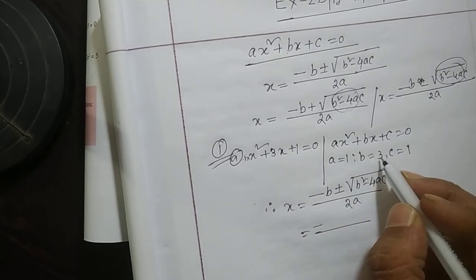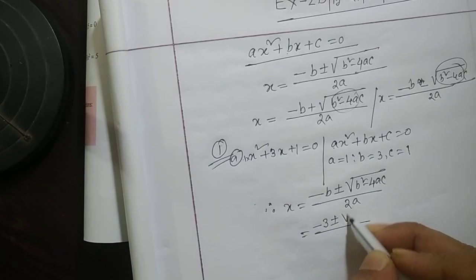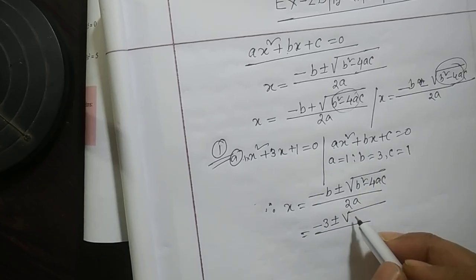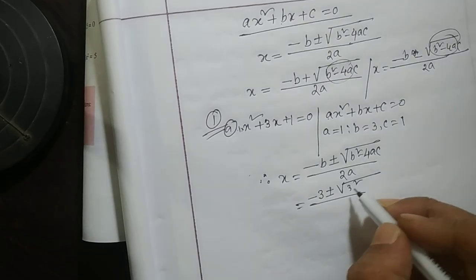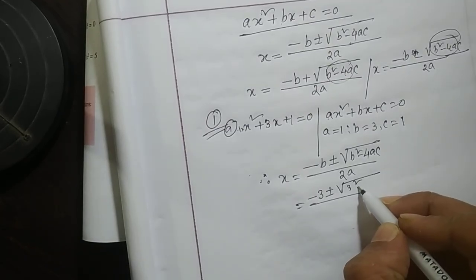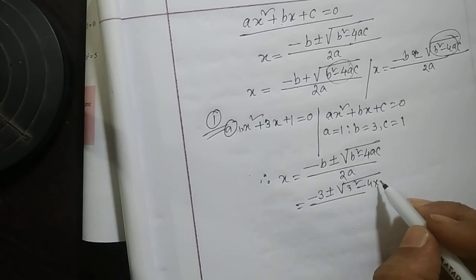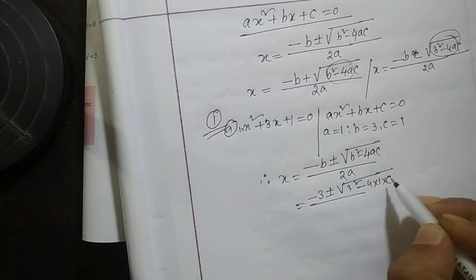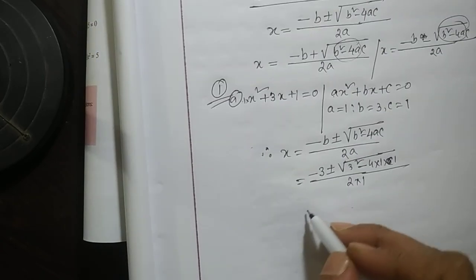Minus b is equal to what? Here minus 3 plus minus square root of b square, that means 3 square, minus 4 into a is 1 and c is 1, by 2 into 1.